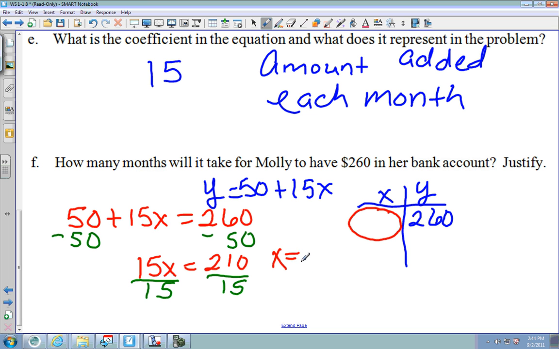X equals, let's see, 15 times 2 is 30. I believe it is 14. So it would be 14 months before she would have $260 in the account. That's what this means: 14 months, and she would have $260.